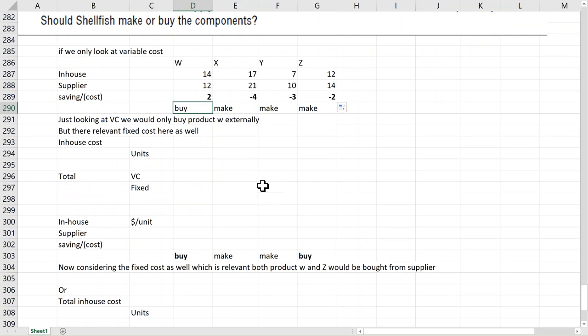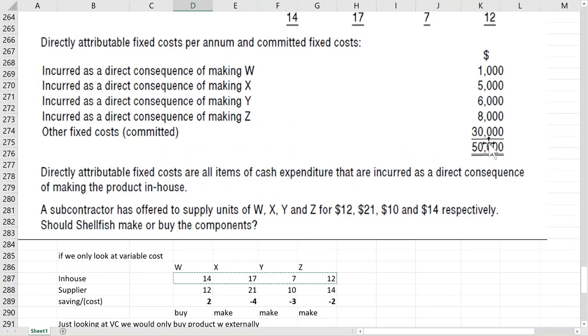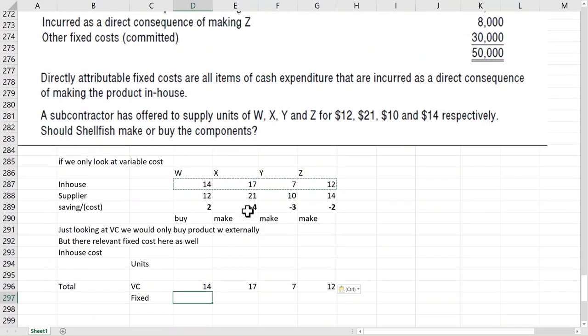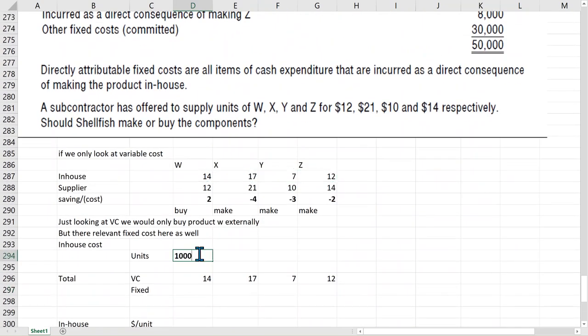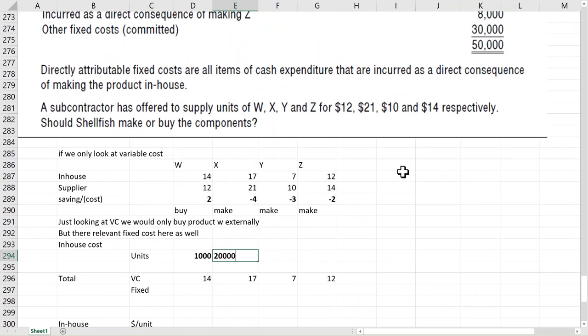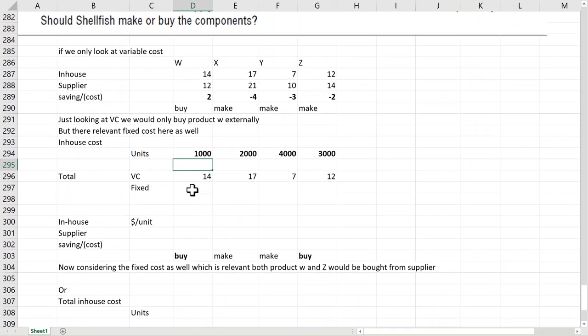Now let's look at the same thing, but including the fixed cost, because now the fixed costs are relevant. Fixed costs are given in total. What we can do is we can divide them into units. The units are 1,000, 2,000, 4,000, 3,000. So you can look at it in total or you could look at it per unit.